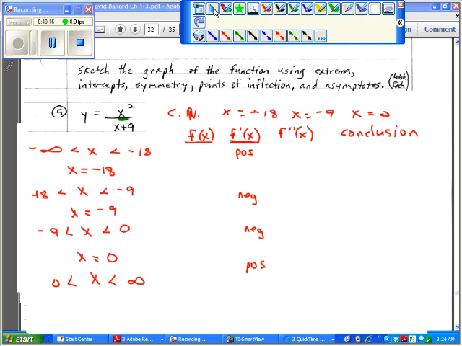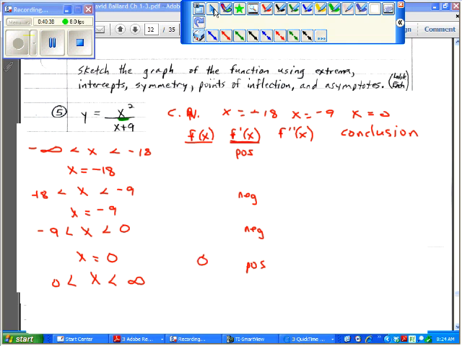And we can plug those into the derivatives. I'm not going to be that concerned about the value at negative 18 or negative 9 or 0 unless it's a critical number. I already know the value of the function at 0, right? Because we already figured that out. The value of the function at 0 is 0, right?